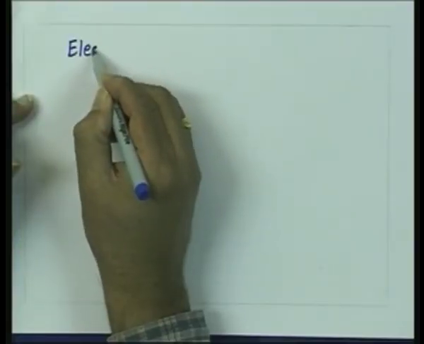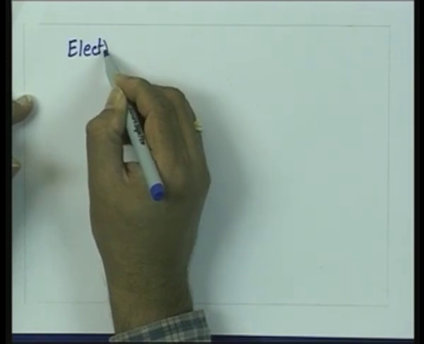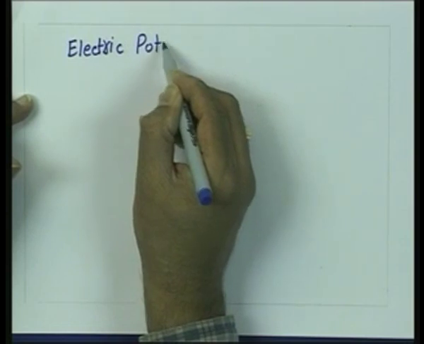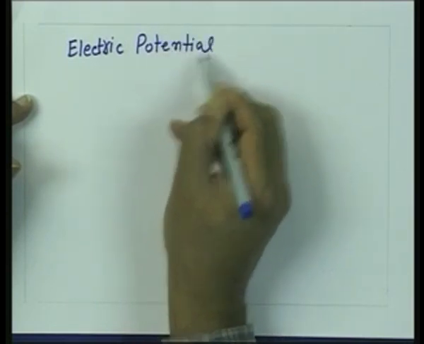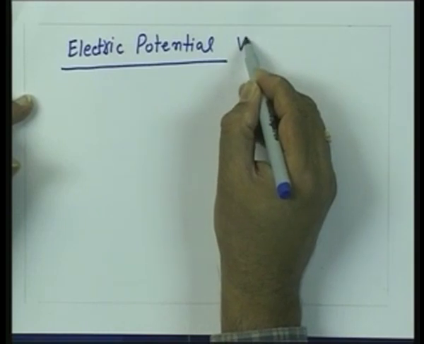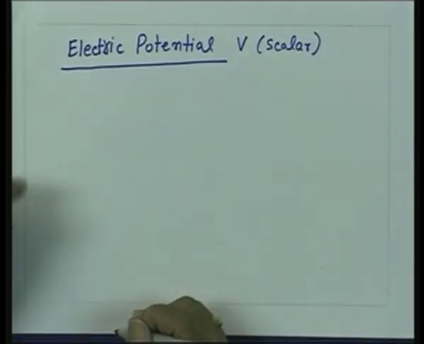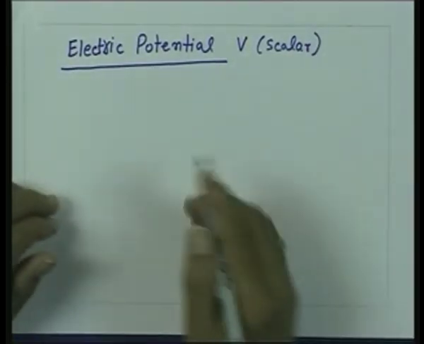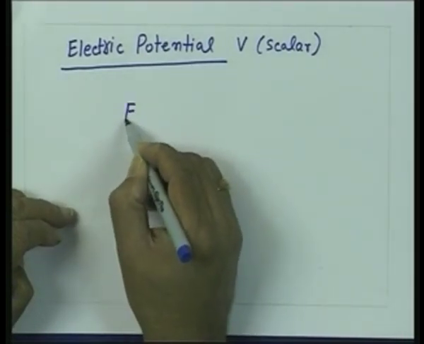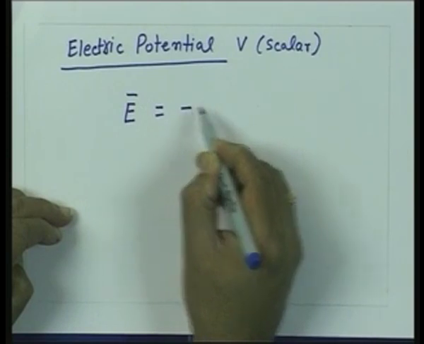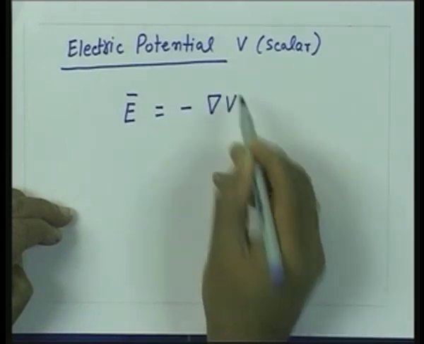The electric field is related to the electric potential, which is a scalar quantity V, and that is related to the electric field as the electric field is minus gradient of the voltage.